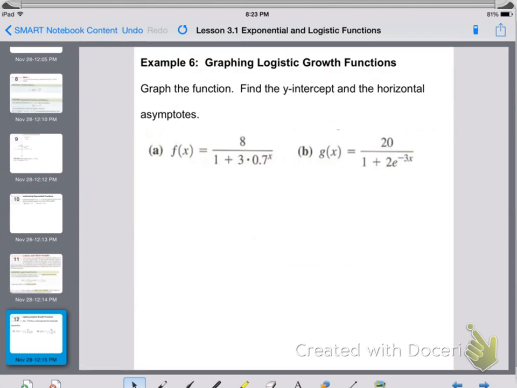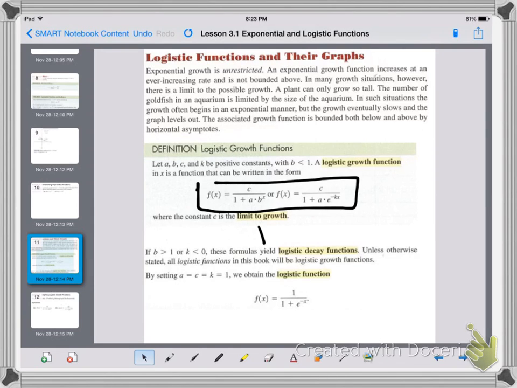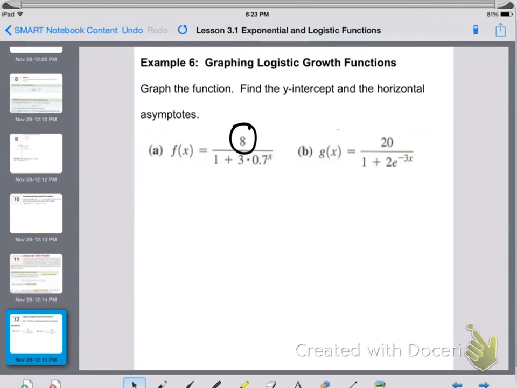And so if we look at this next example here, example 6, we have to graph the function. We want to find the y-intercept and the horizontal asymptotes. For A here, f of x equaling all this, this 8 right here, that is my C, or my limit to growth.